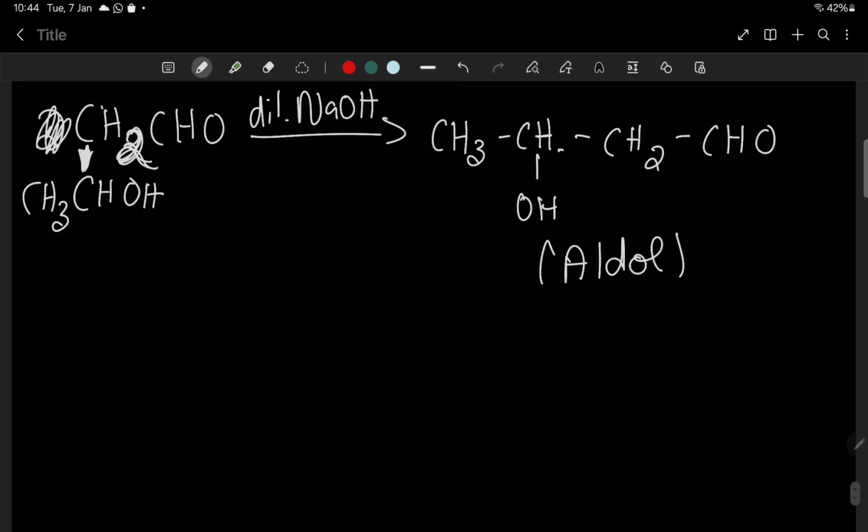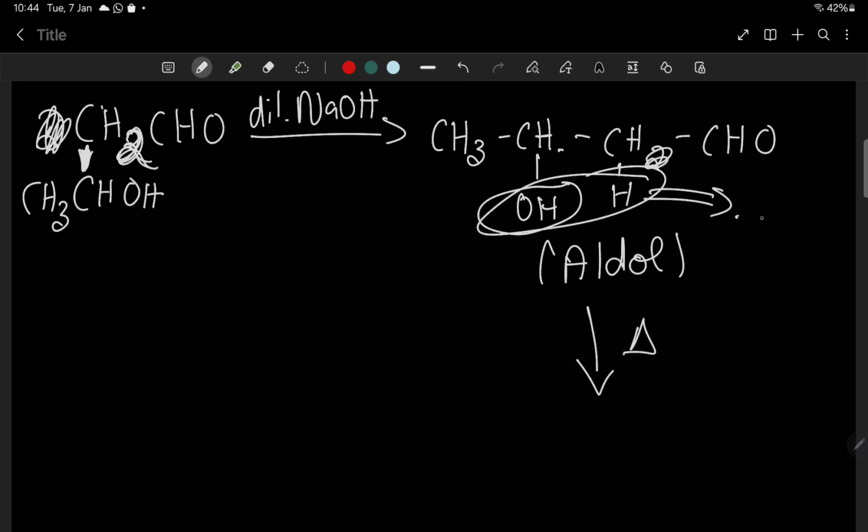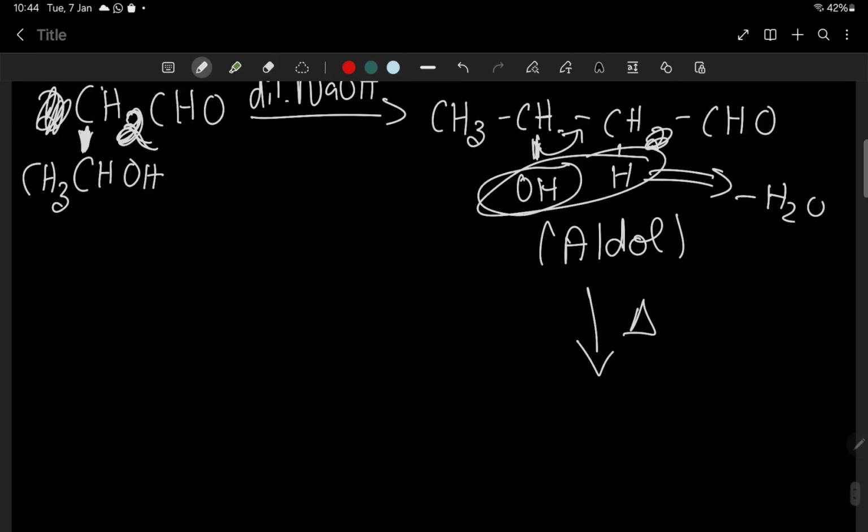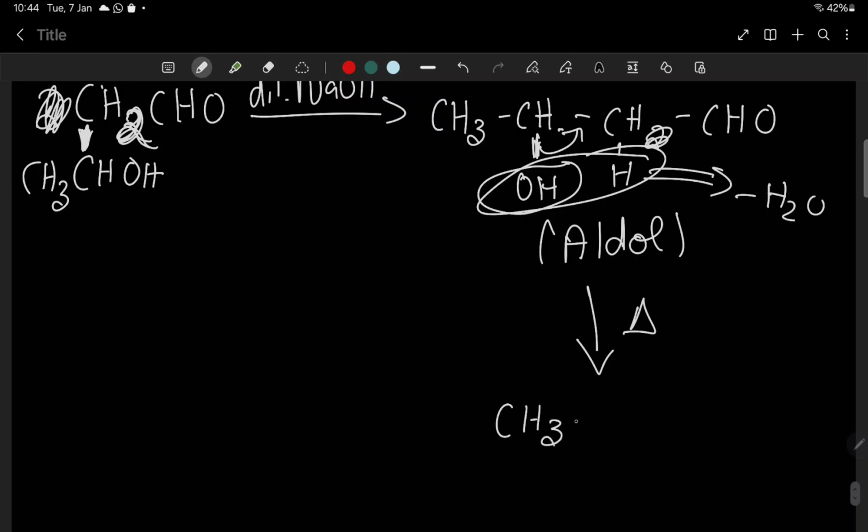Now heat this compound. This OH and a hydrogen from this compound will leave as water, minus H2O. There is an extra bond standing here, and this will fall here. So we get CH3 CH double bond CH CHO.